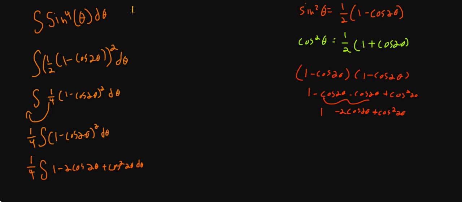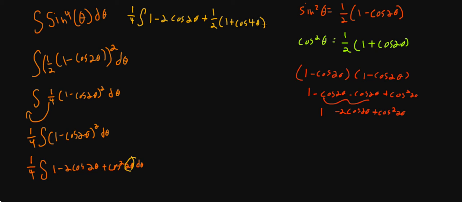So we have 1/4 the integral of 1 minus 2 cosine 2 theta, and instead of cosine squared 2 theta, we write plus 1/2 times 1 plus cosine 4 theta. This is very important here: this one is not 2 theta, it's 4 theta, because this angle right here is already 2 theta, so you need the double of this angle in order to use the identity.